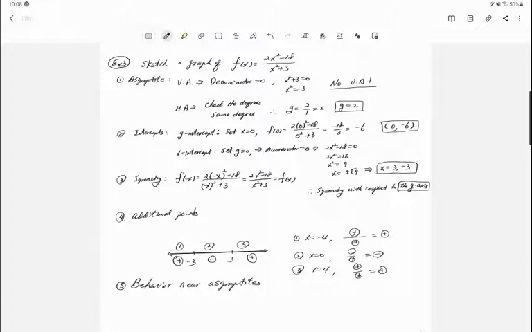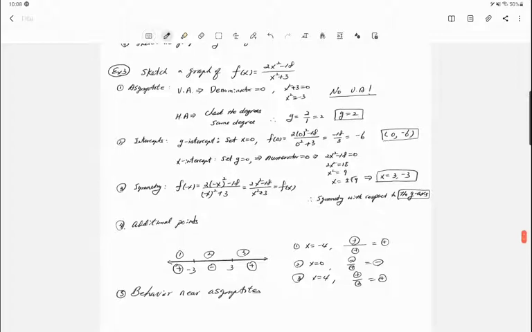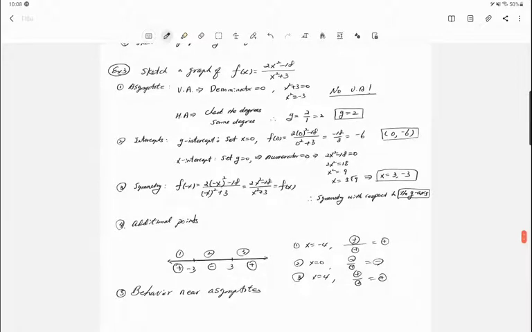However, if we compare with the horizontal asymptote, there's a horizontal asymptote, right? The horizontal asymptote is y equals 2. If the graph crosses the horizontal asymptote, then there should be an x value.